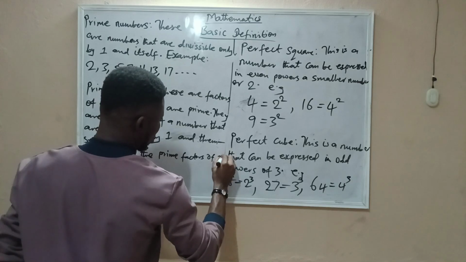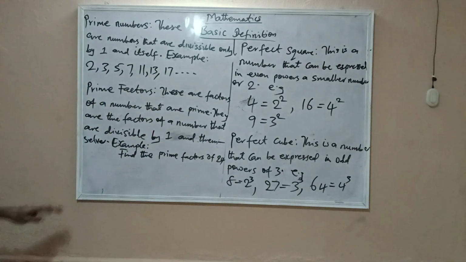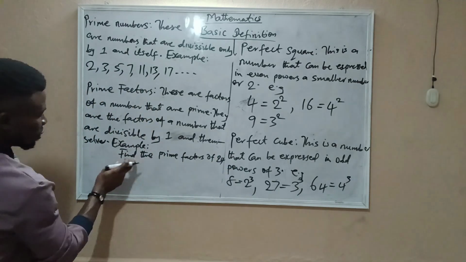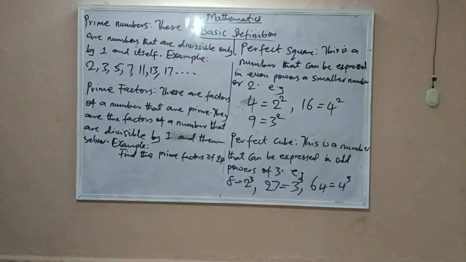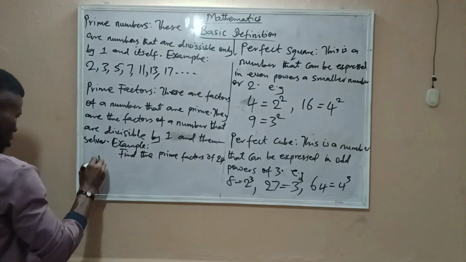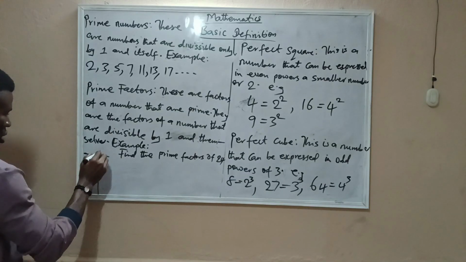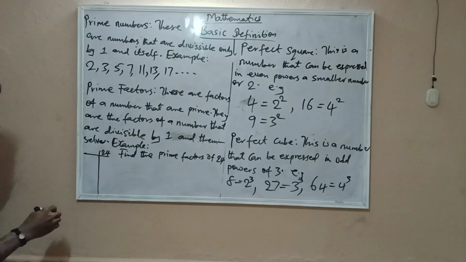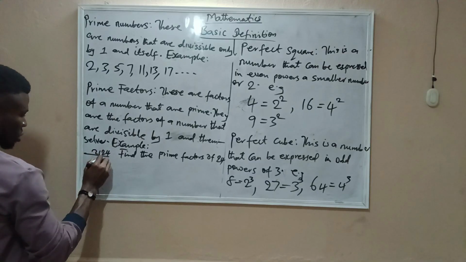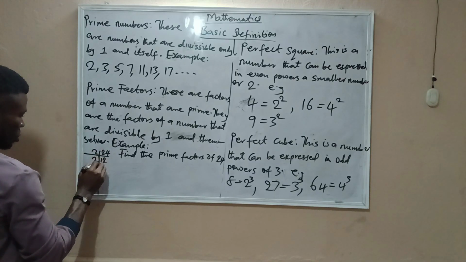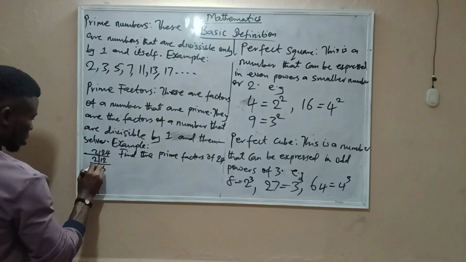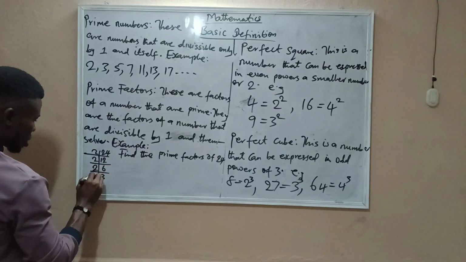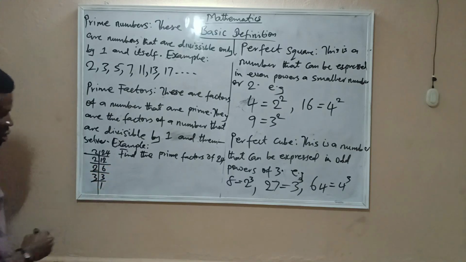I pray this fits here. Find the prime factors of 24. And this is 24. 2 into 24 is 12. 2 into 12 is 6. 2 into 6 is 3. 3 into 3 is 1.